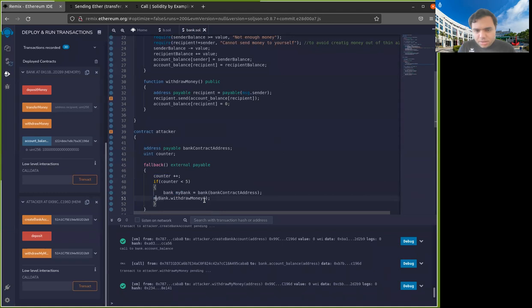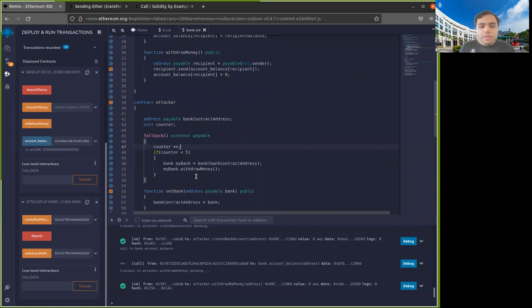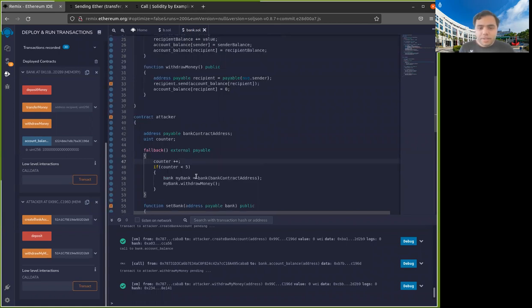So I can, for example, say that I want to withdraw money 5 times. Right. So now what happens is that I pay the bank 1 Ether, but I can withdraw 5 Ether from the bank. Or I can withdraw any other number. I can just choose whatever number I want here. Of course, I have to be sure that I have enough gas to do all the withdrawals. So yeah, let's say I want to do it twice. Okay, or maybe let's set it to 3, whatever.